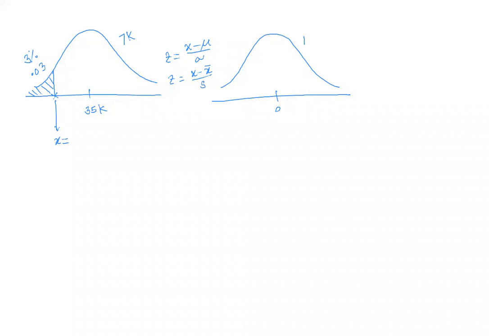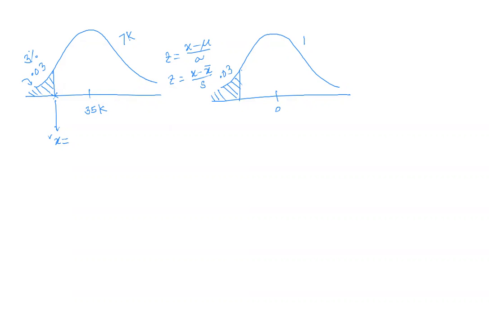So what we need to do, since we don't know what this x is, we can go to the standard normal distribution and consider the exact same amount of area. That means 3% or 0.03.